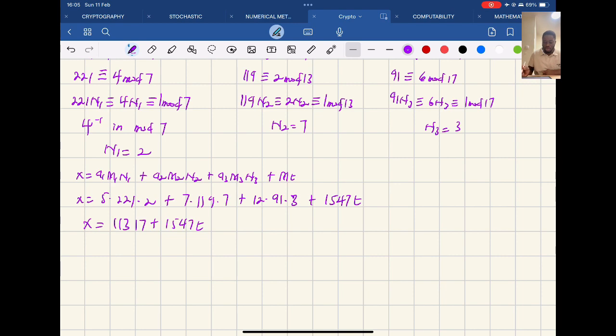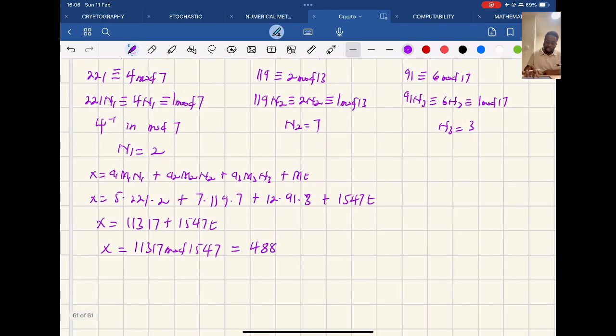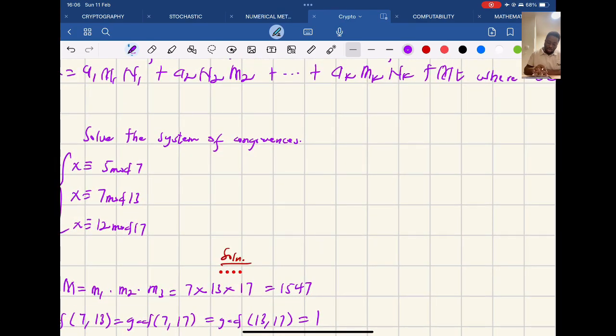So now to find your x, S is the same as 11317 mod 1547, and this gives you 488. So now the answer is 488. The congruences over here are 5 mod 7, 7 mod 13, and 12 mod 17.